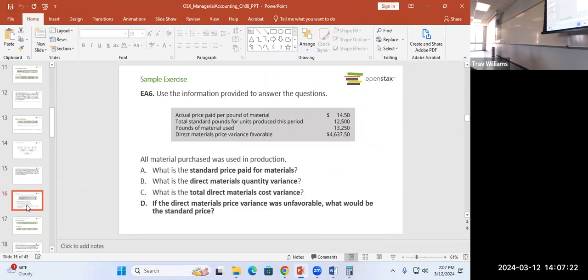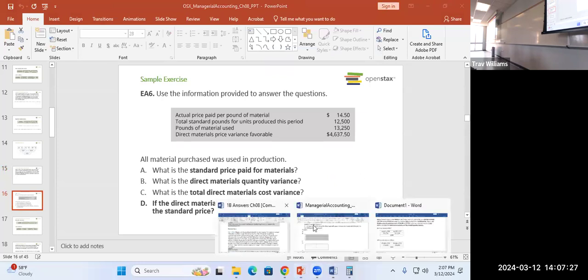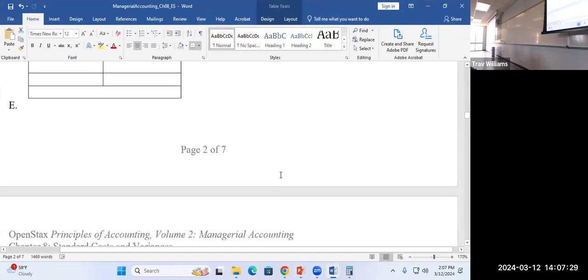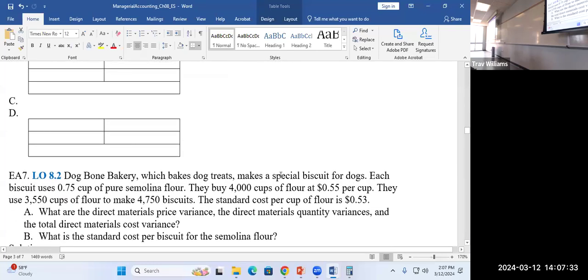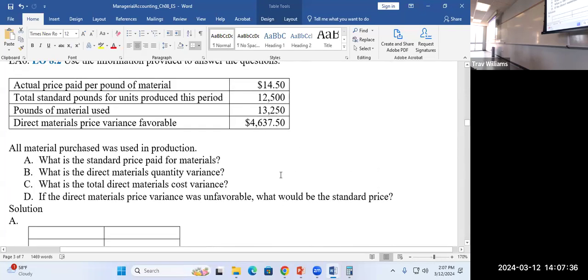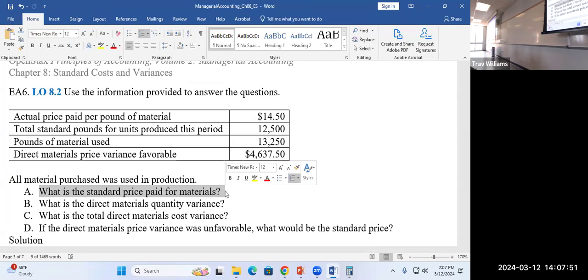Okay, so then, oh, we have an exercise. Let's do the exercise, number 6. Okay, so again, we see those boxes. Those are going to be pretty useful there. First thing we need to do, figure out what is the standard price paid for materials. I think this is taking it a step further.